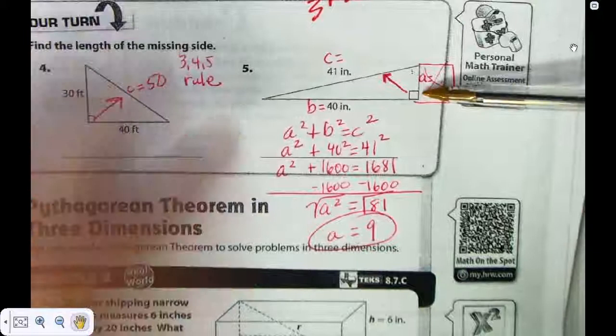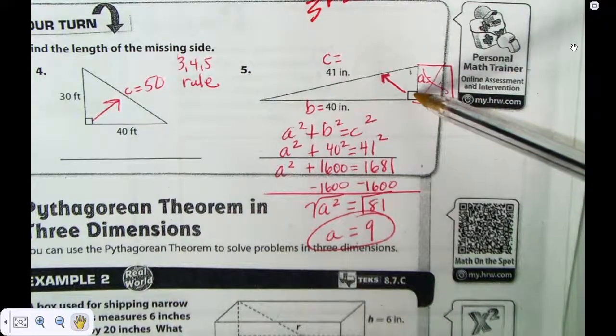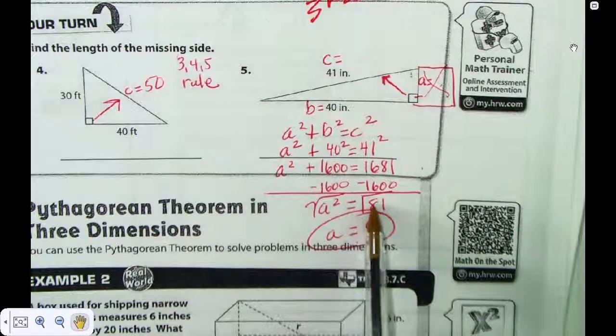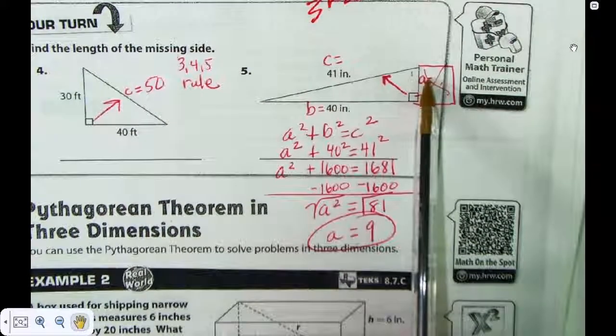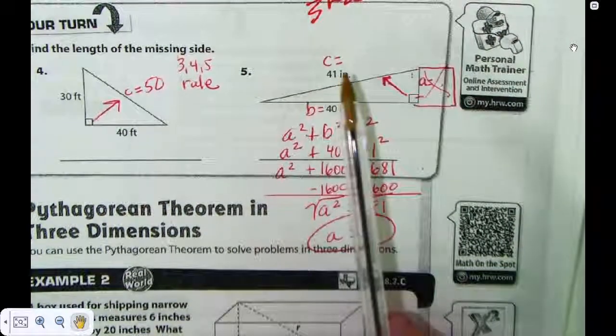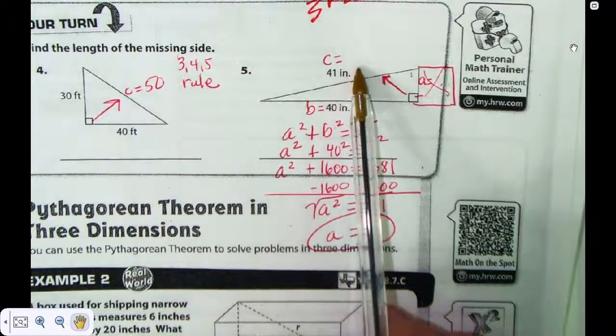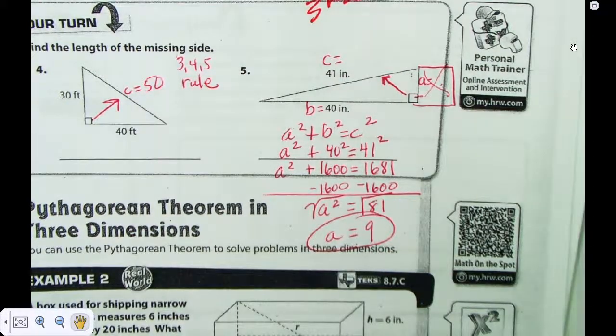Guys, you know what I'll have people get right there? 81. Because they stop right there and they say that side length is 81. Could it possibly be 81? No. If 41 is the longest side, and you know what I'll say when I go to help them correct it?